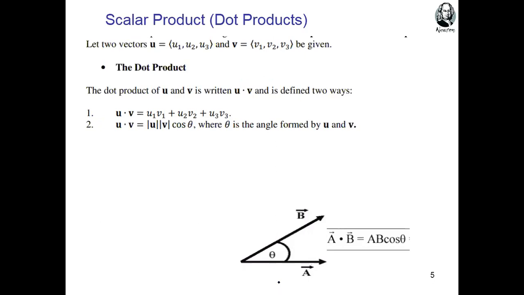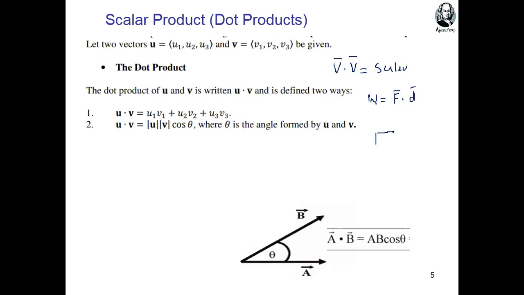Scalar product means that when vector number 1 multiplies with vector number 2, the result is a scalar quantity, not a vector quantity. This type of multiplication is called scalar product. Like we have work. Work is an example of a scalar quantity. Work is the product of force and displacement.